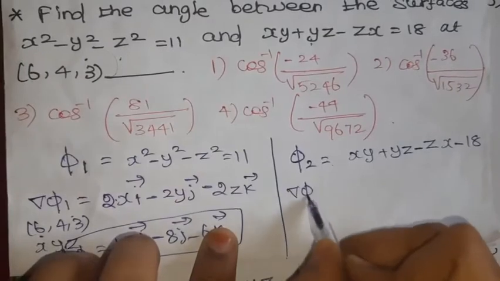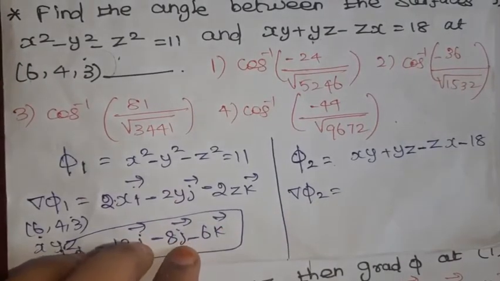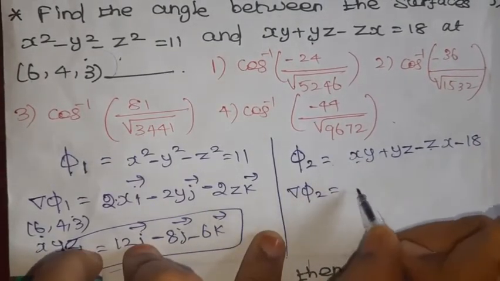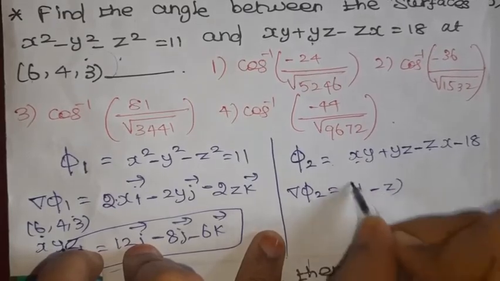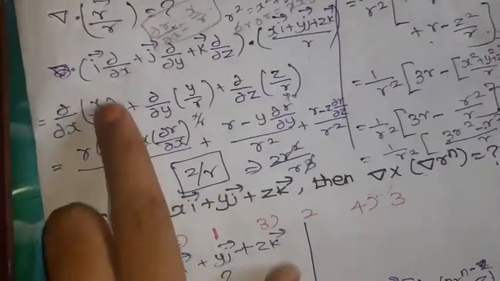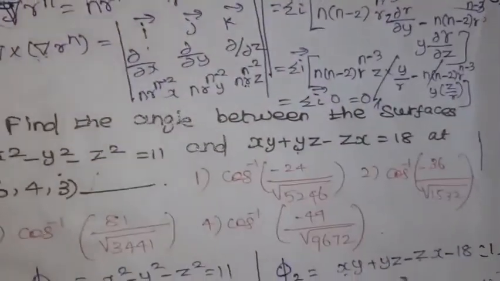So find del phi 2. Del phi 2, so i into dou by dou x of this term. When we do this term with respect to x, y minus z into i. In simplification, I am not going to write the del form; we can do it by mental calculation.